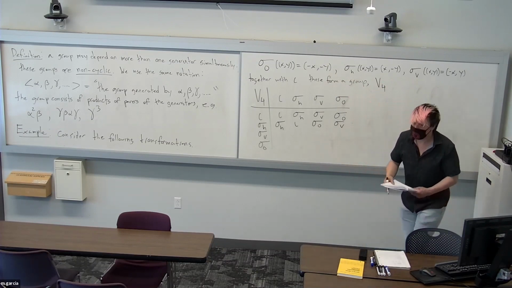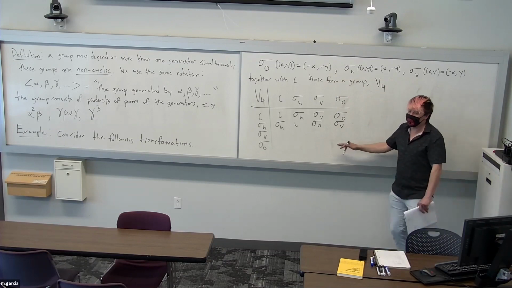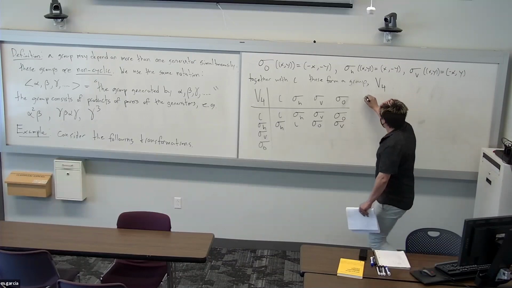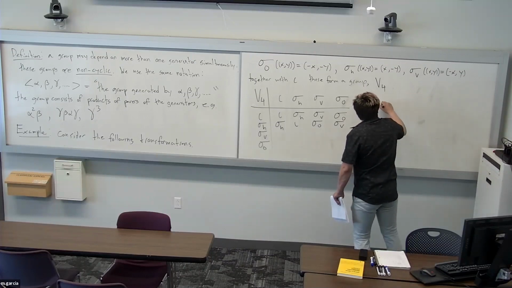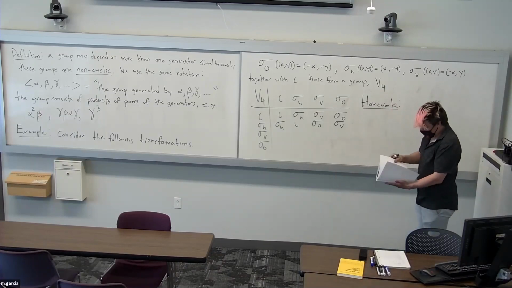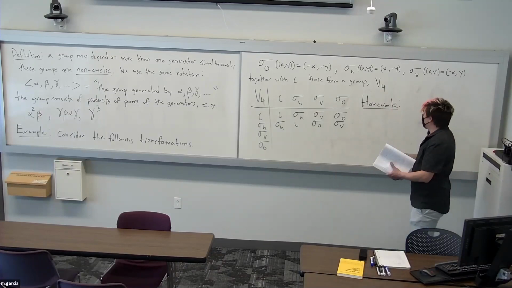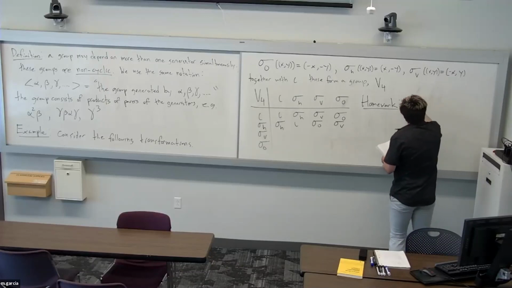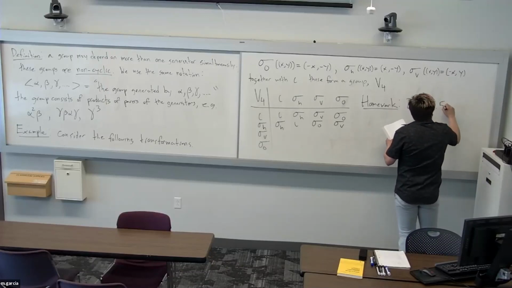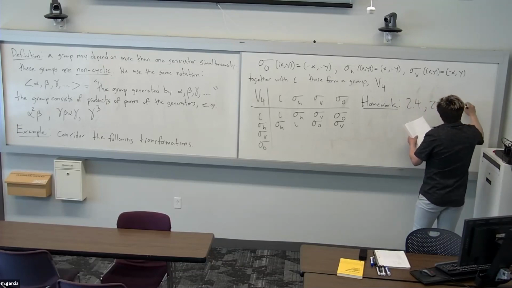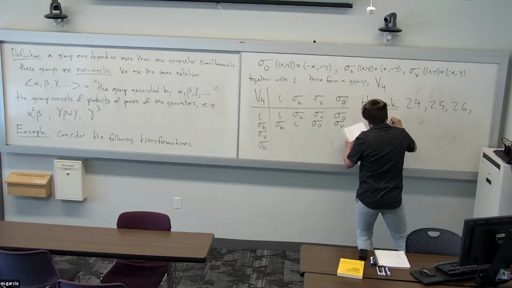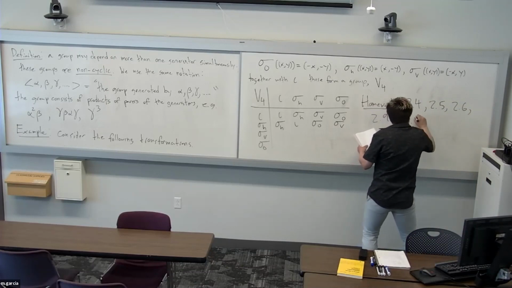Okay, so we're almost out of time. So we'll finish filling this out tomorrow and then compare C4 and V4. But let me quickly tell you some homework exercises that I would like you to think about before tomorrow: 2.4, 2.5, 2.6, 2.9, and 2.13.